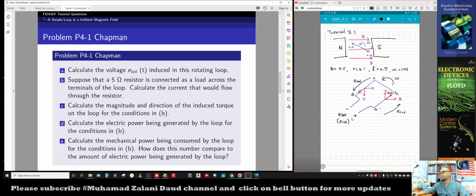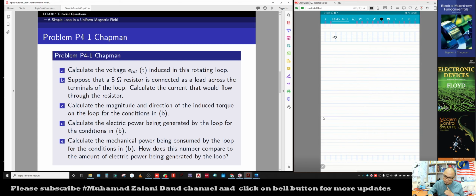So that is the thing we should understand before we start calculating. We should understand the direction of induced voltage, because after this we are going to calculate the induced torque as well. So we will start with question A.